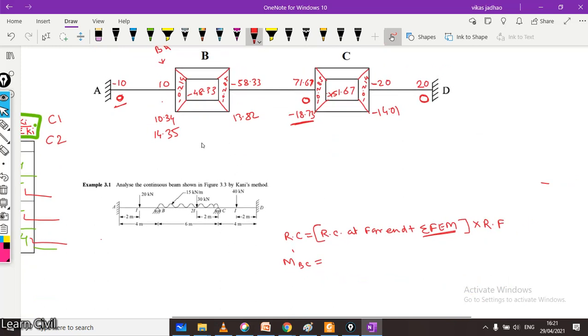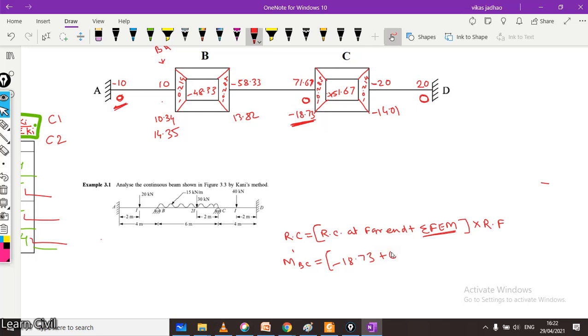You can see here for BC, the rotation contribution at far end is minus 18.73. At this end we have 0.